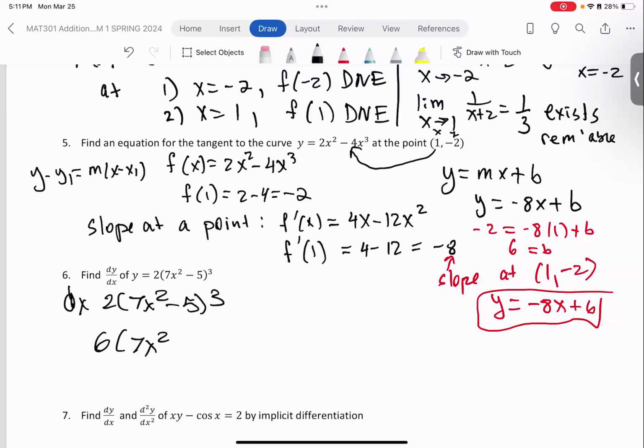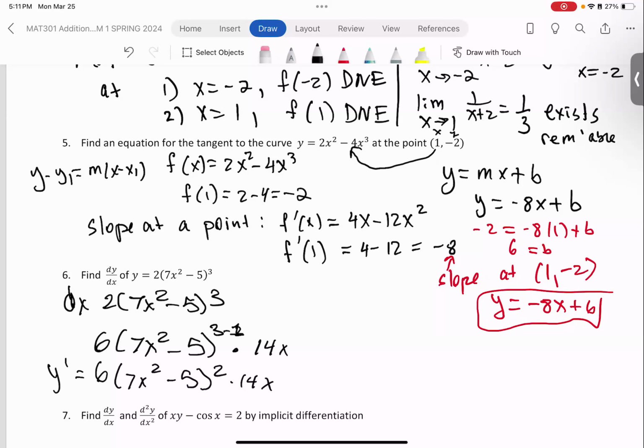So the derivative. Notice how the inside stays the same. Here we go. All right. And then you keep the inside. So how does that look?